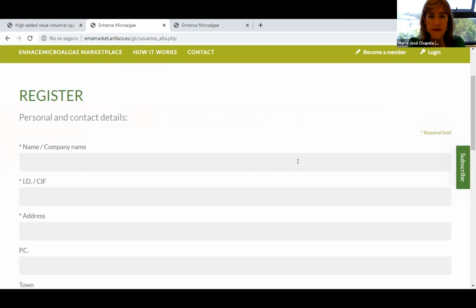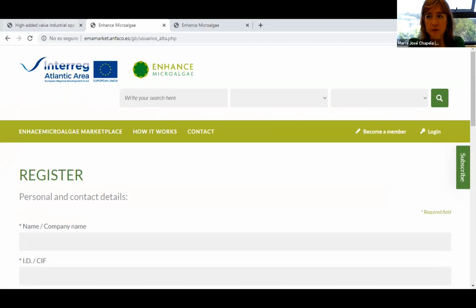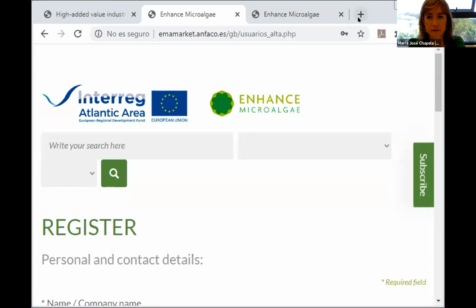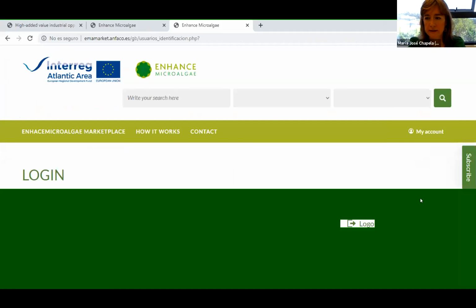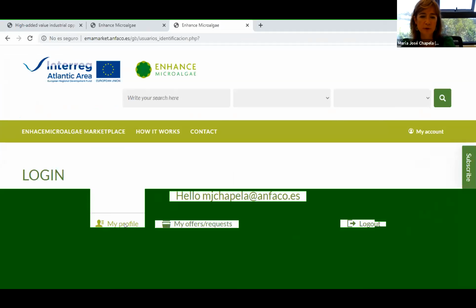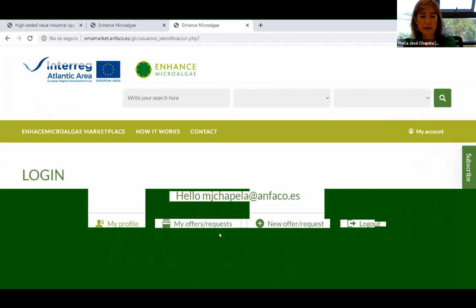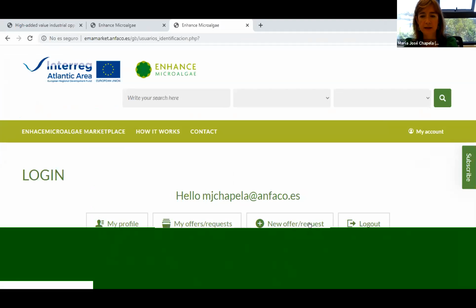I am going to show you because I have logged in before. If you log in, you have your profile, your offers and requests. If you want to add a new offer, you have all the information here, and you can change or modify your profile as much as you want.